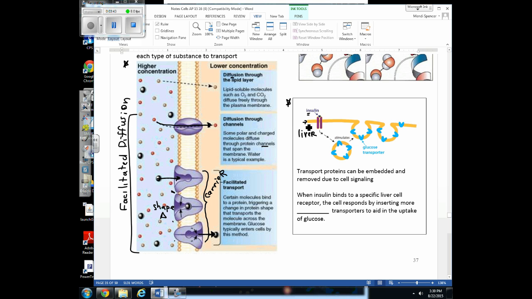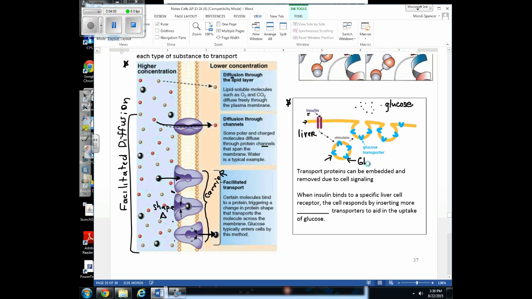When insulin binds to a receptor protein, then it's signaling that cell to take up extra glucose. So let's put some glucose molecules on there. And insulin is triggering the uptake of glucose because there's vesicles. And these vesicles have transport proteins embedded in them.